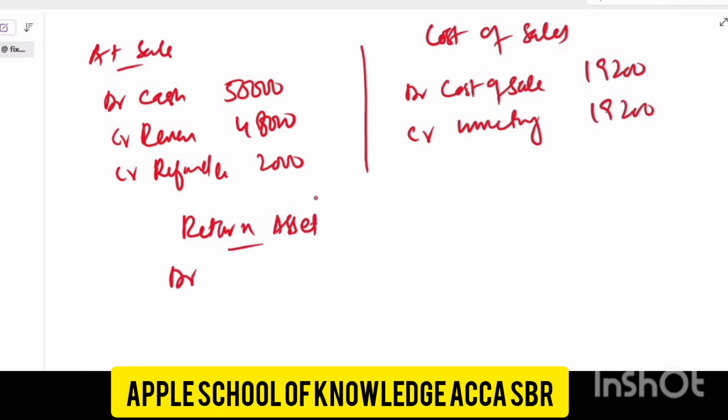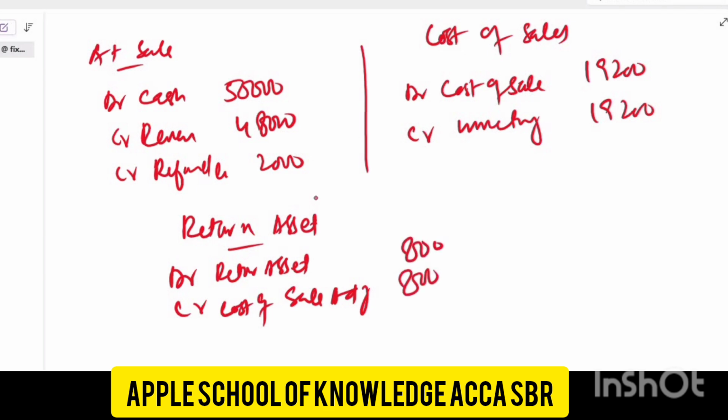So debit return asset inventory, and credit will be your cost of sale adjustment, and that is 800. Clear?